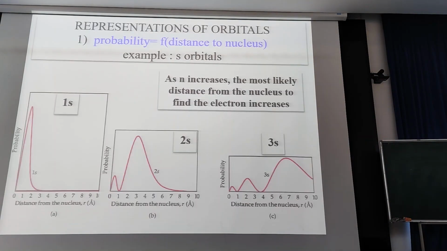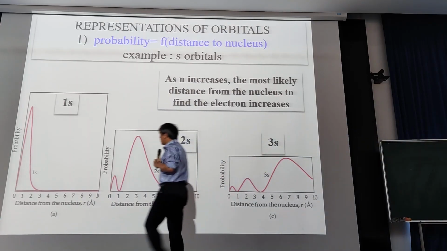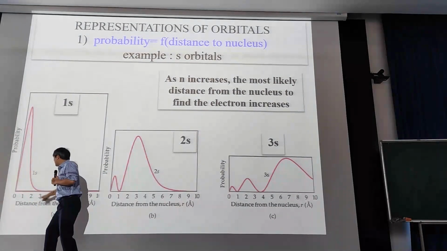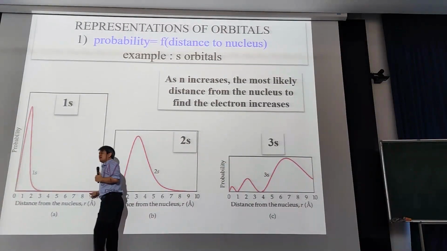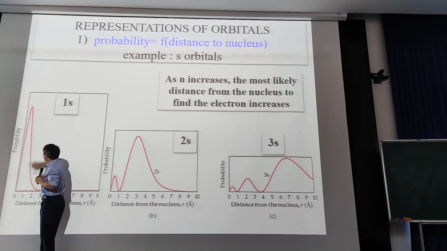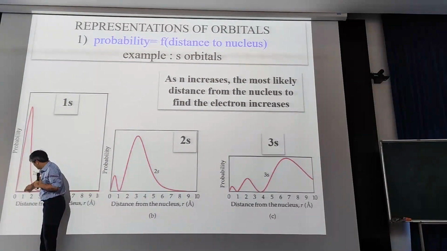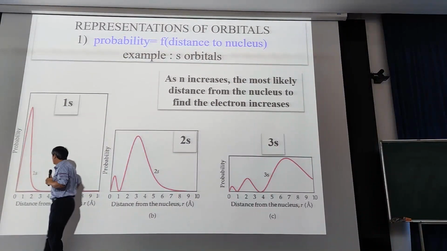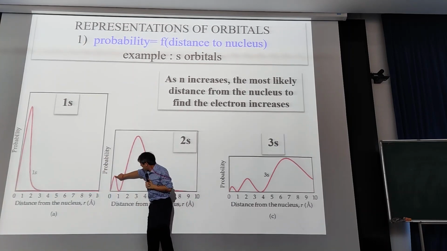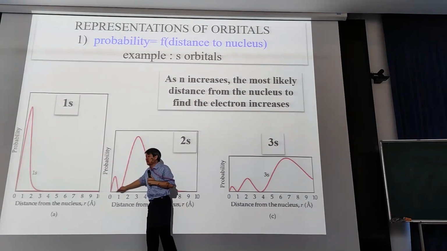Looking at the size of the orbital, here you have the probability to find the electron, right? And here you have the distance from the nucleus to the space around. So here you can see that the highest probability to find the electron in the orbital 1s will be here at 1 angstrom. Looking at the case of orbital 2s, you have a high probability to find the electron here at over 5 angstrom.